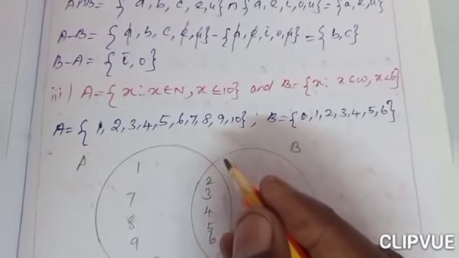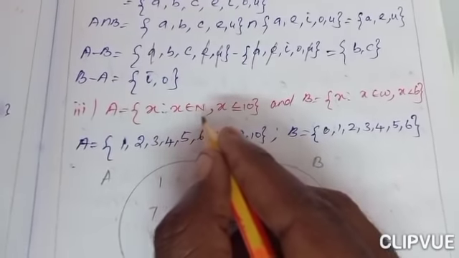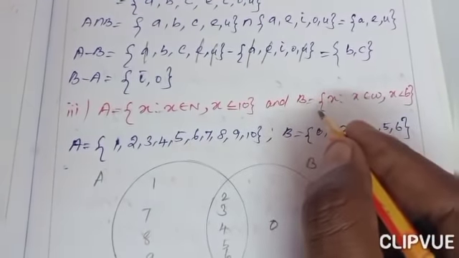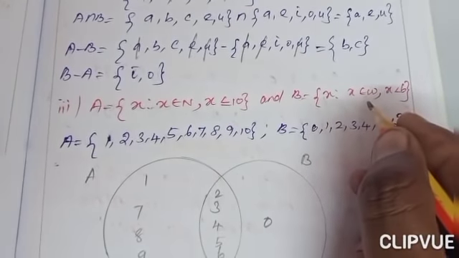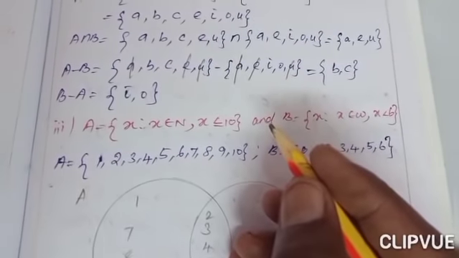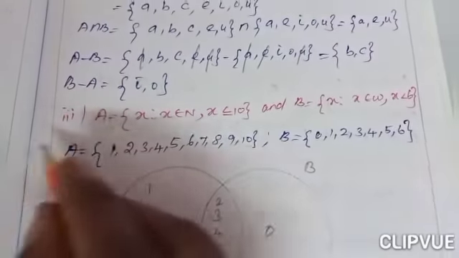Look at the third question. In the second Roman number, A equals x such that x belongs to natural number, x less than or equal to 10, and B equals x such that x belongs to whole number, x less than 6. In the previous two sums, the elements of set A and B were given. Here they are given the condition.